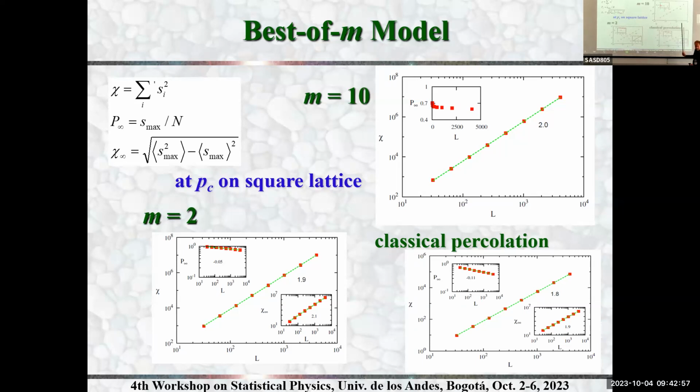While if you make M equals 10, you have a different behavior, the order parameter falls down, and here the exponent increases to 2, which is the dimension of the system, which is what you expect for the first order transition. For a first order transition, the exponent should be an integer equal to the dimension. And this is what you see here. So this is very encouraging to say, oh, maybe M equals 10 is a candidate for a really first order transition.